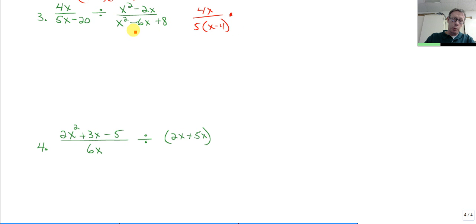So the denominator would factor into two numbers that add to -6 and multiply to 8. So that would be equal to x minus 4 and x plus 2. Then my numerator, I can factor an x out, so that would be x times x minus 2. And of course, when those combine, once again to save time, those will combine into one big fraction.